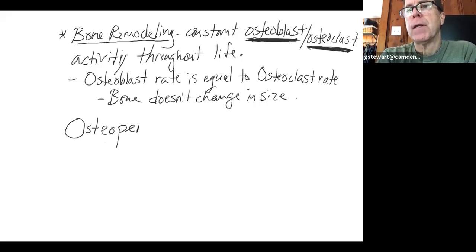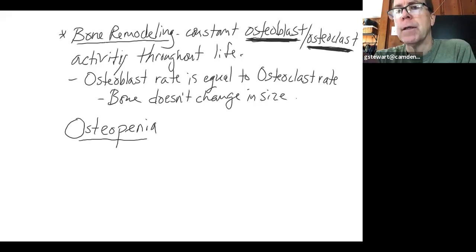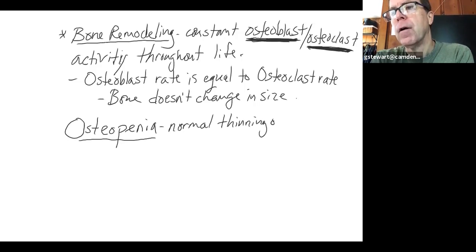Osteopenia, you might not have heard of. I will quiz you on this term. Osteopenia is the normal or typical thinning of bone tissue.